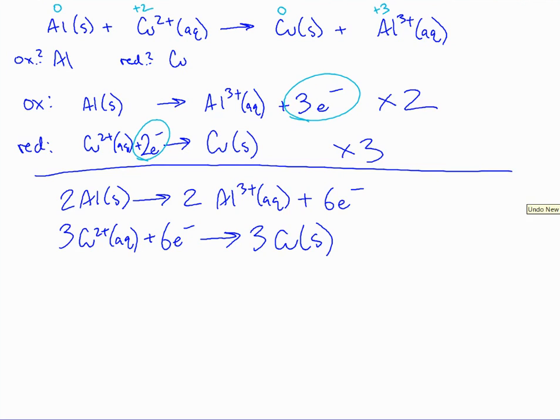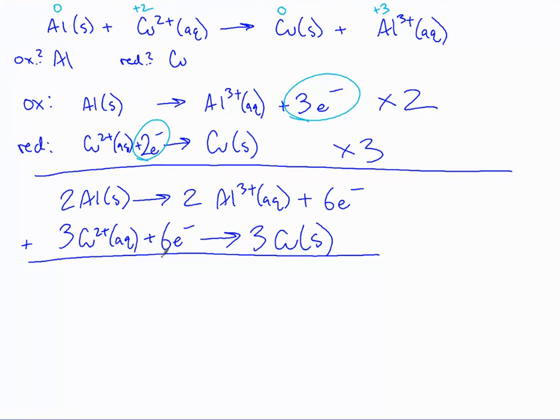Final step, add the half reactions together. The common substances that show up on both sides can be canceled. So you could do this almost like a math equation, really.